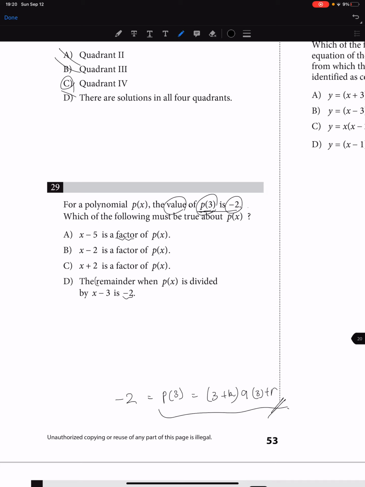So when k is -5, it becomes -2 q(3), oh sorry, it should be without bracket.